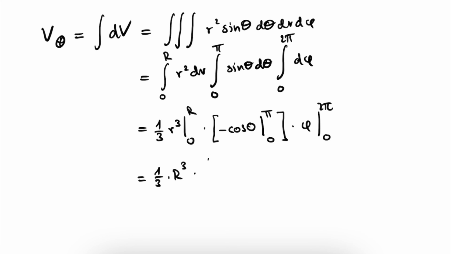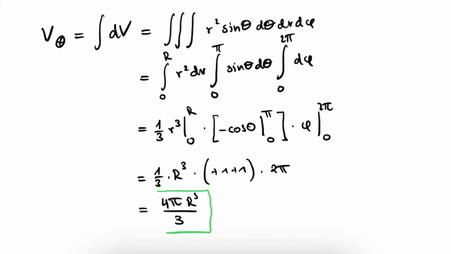We multiply this with the minus cosine of pi, which is plus 1, and minus the cosine of 0 is minus 1, but we have to subtract it. So we get plus 1, and we multiply this with 2 pi. And we see that we indeed get 4 times pi times R cubed divided by 3. And this is indeed the volume of a sphere with a radius capital R.